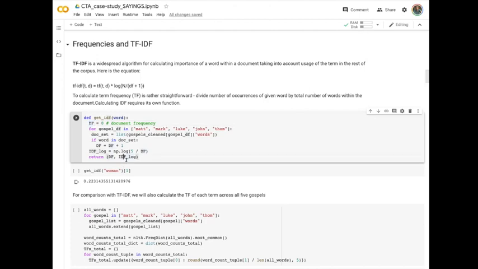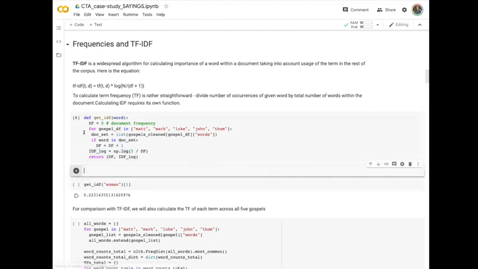If the term is contained just within the Gospel of John, like woman would be just in the Gospel of John, in that case the document frequency would be equal to 1. But here you are actually interested in the inverse document frequency.